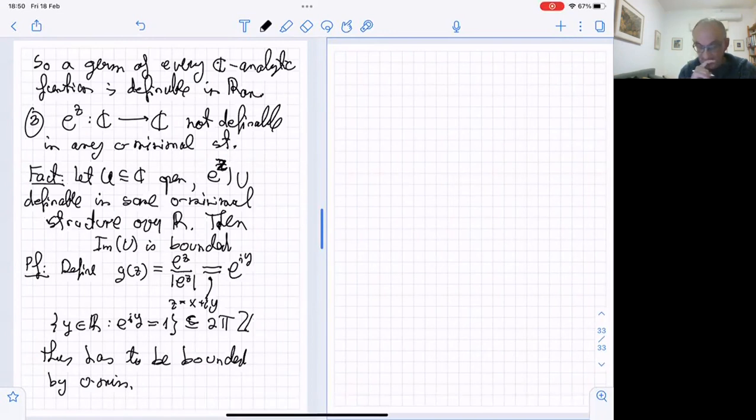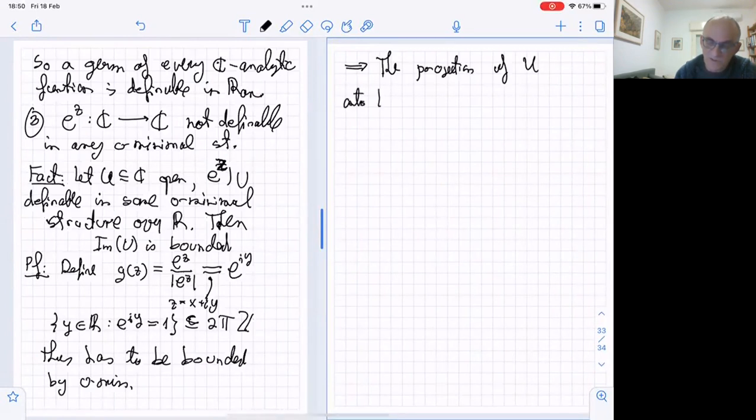Because I think it follows that the projection of U onto the y-axis, yeah, maybe this is, no, sorry. It's okay. Why? Let me see.